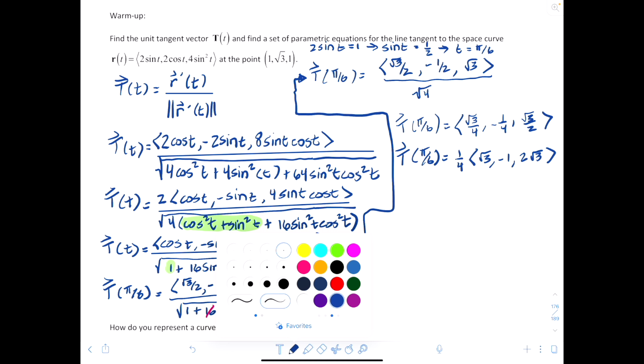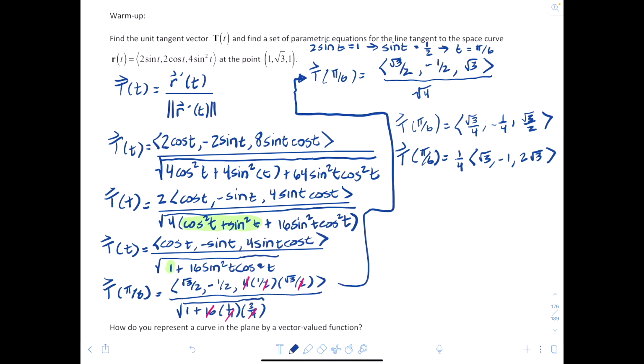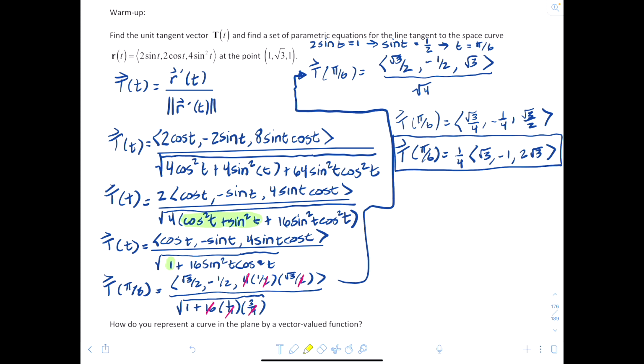So here's our answer to the first part, right? Find the unit tangent vector T at t, meaning at the point 1, root 3, 1. So that's this.